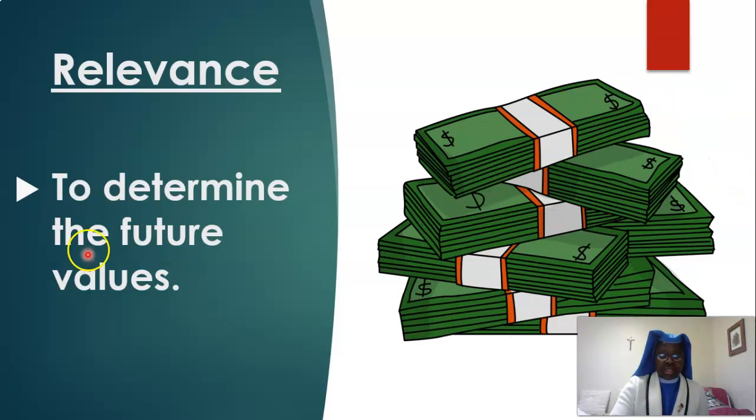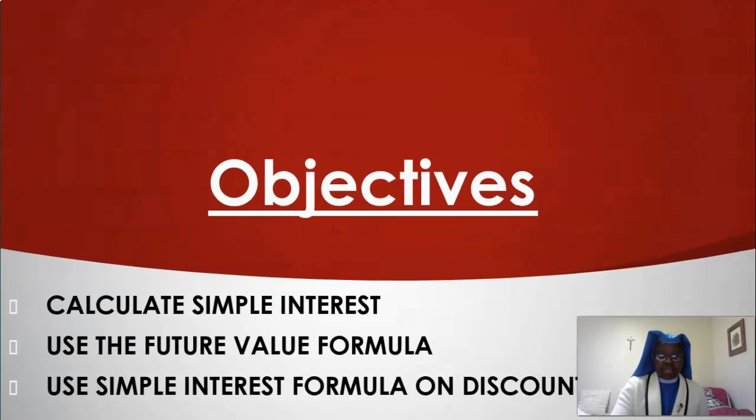So we use it to determine future values. It could be if you put money in a bank, how much you're going to get in the future, or if you get a loan, how much you're going to pay later. We're going to calculate simple interest, derive the formula for future value, and then use the simple interest formula on discounted loans.